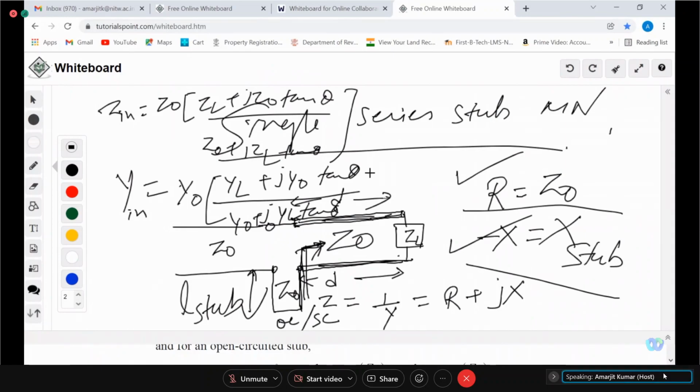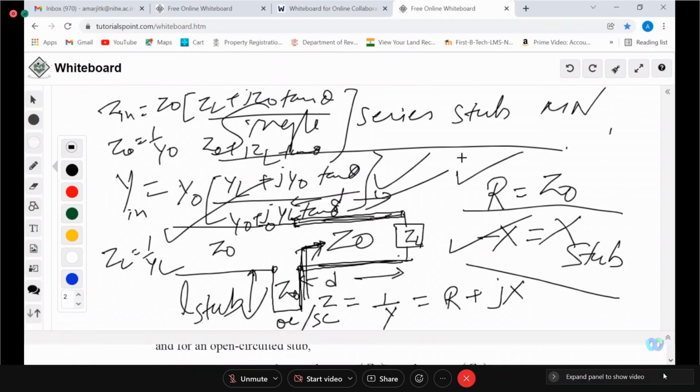You check whether it is correct or not. If it is correct, then we can proceed. Just reverse it. Put Z0 is equal to 1 upon Y0, put ZL is equal to 1 upon YL, and check whether it is correct or not. Is it having the same form or a different form?